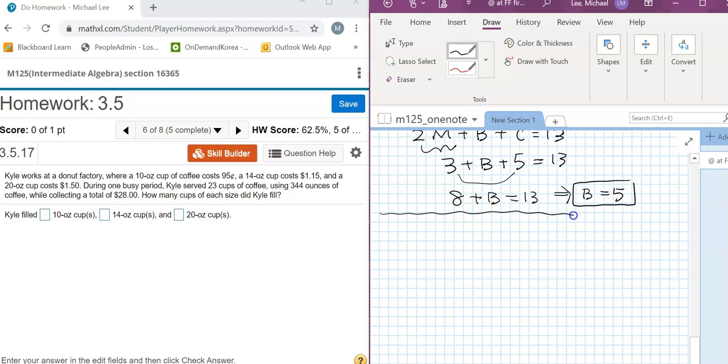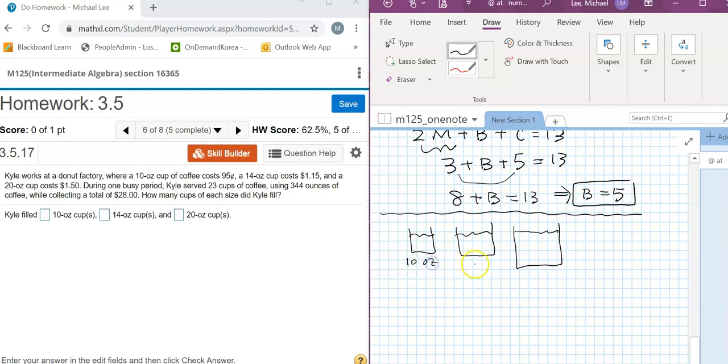So now, what does 6 say? Kyle works at a donut factory where a 10-ounce cup of coffee is 95 cents, a 14-ounce cup costs $1.15, and a 20-ounce cup $1.50. So you've got 3 sizes of coffee. As you can see, this is a 10-ounce.